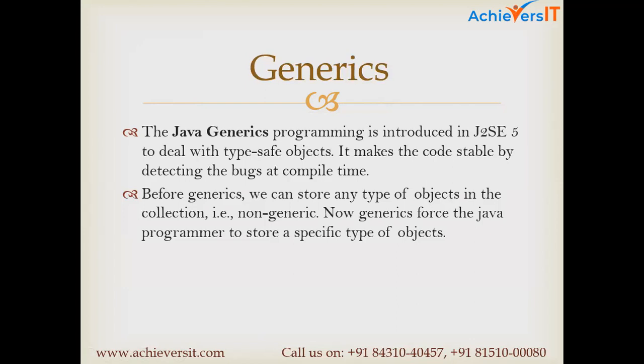When bugs are detected at compile time, you won't face much difficulty when you run the program, because most issues get resolved while you're writing the code itself. So using generics in your code is always a best practice.